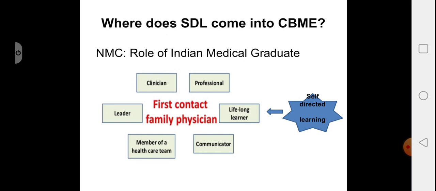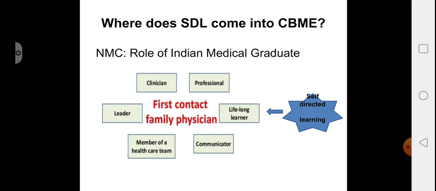Now, where does this SDL come into curriculum-based medical education? We all know that as per NMC, National Medical Council, the role of the Indian medical graduate is, he has to be a professional, he has to be a clinician, he has to be a leader, he should be a member of the healthcare team, a good communicator, and above all, a lifelong learner.